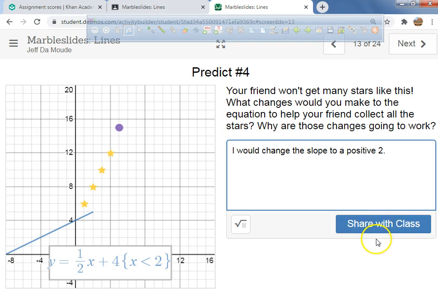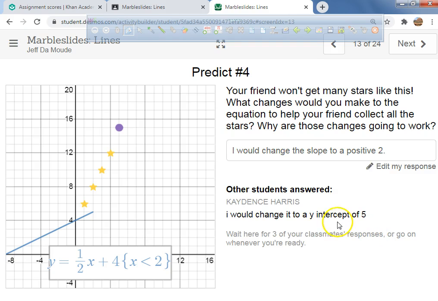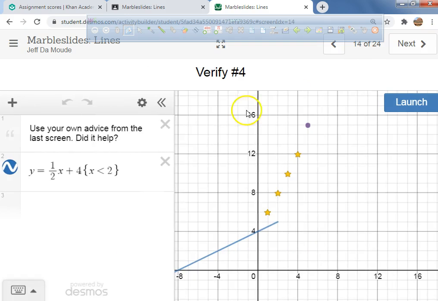That's what I would do. y-intercept of, oh, wait, that's okay. I was saying, I'm just going to see if it would work. Ready? Let's change it to a +2.